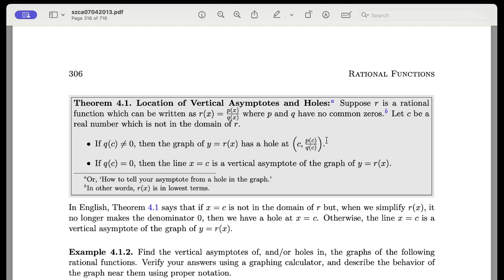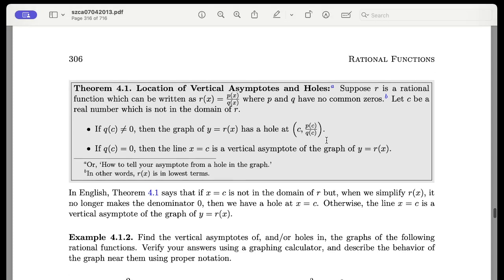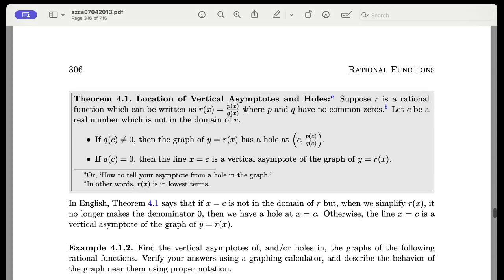I think they have stated this wrong, because where they've said they have no common zeros, it's actually at common zeros where you get holes. So I think that's actually a flaw in the book. I'm going to have to think that through a little bit.